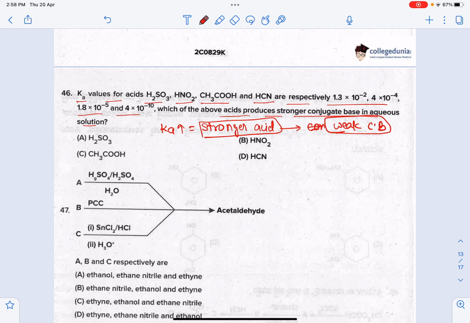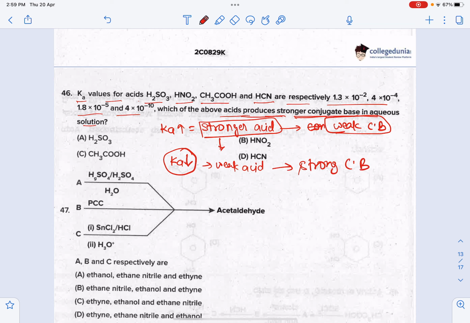Here we are asked which will produce the stronger conjugate base. That means which has the lower Ka value, because it will be a weak acid and form a strong conjugate base. Among all these, this one has the lowest Ka value, 4 into 10 to the power minus 10.